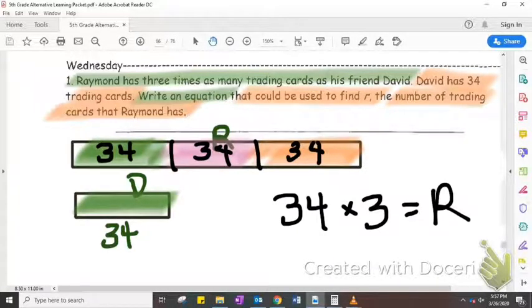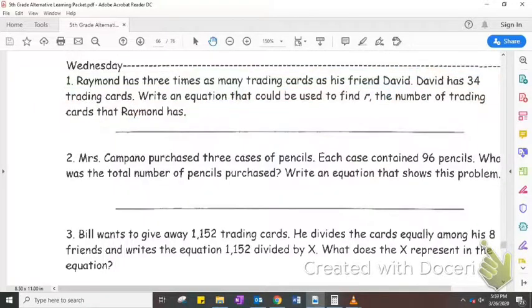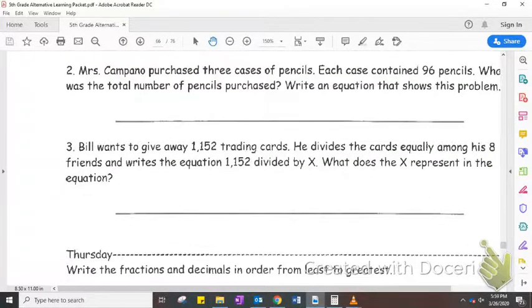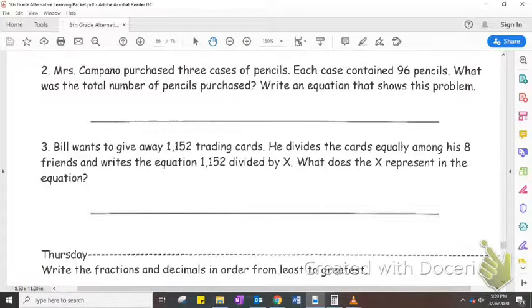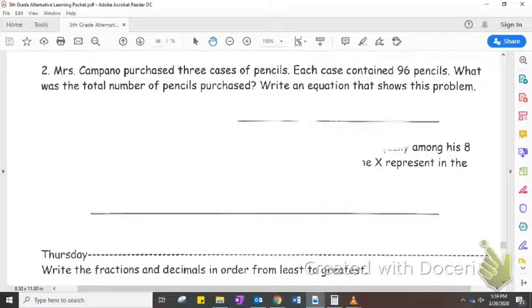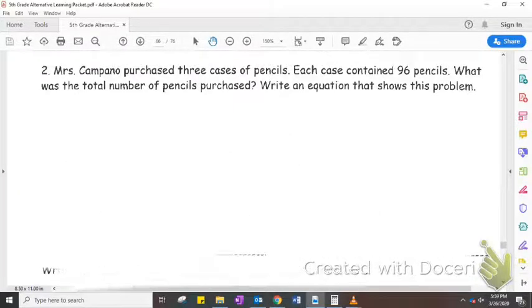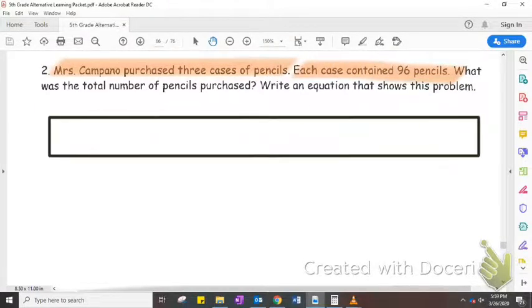Mrs. Campano. Okay. She has 3 cases of pencils. Each case contains 96 pencils. Okay. 3 cases.